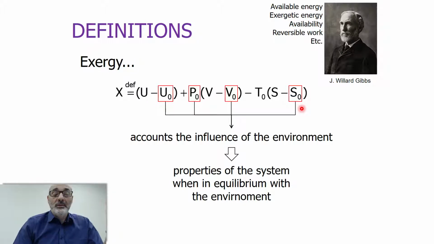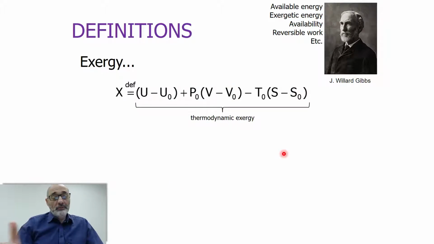Okay, because sometimes I see students get confused with this concept. Okay, so they account for the influence of the environment, and all these terms we call thermodynamic exergy, but as I was saying, this can be referred to as available energy, exergetic energy, availability, reversible work, and so on.